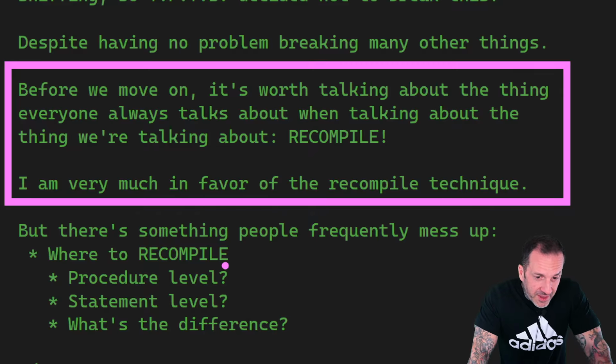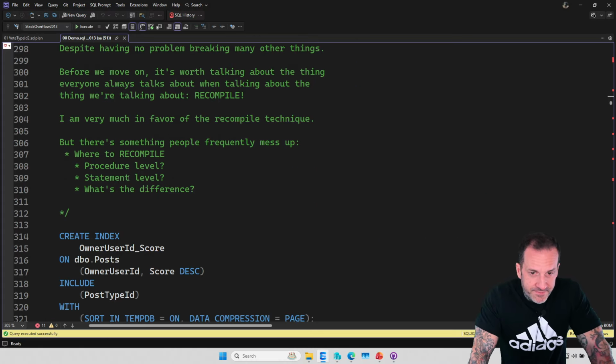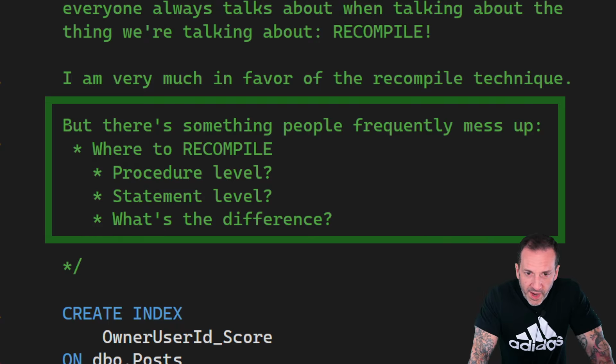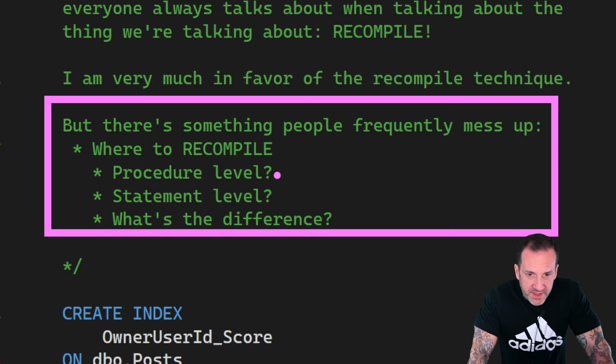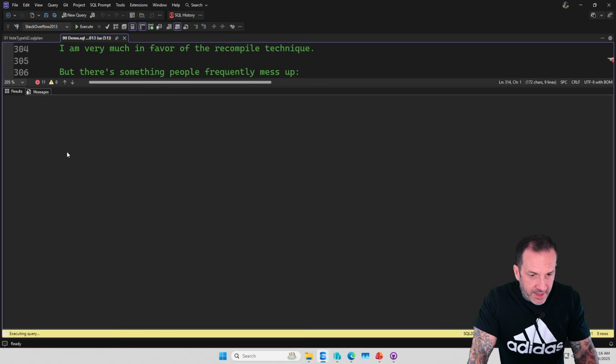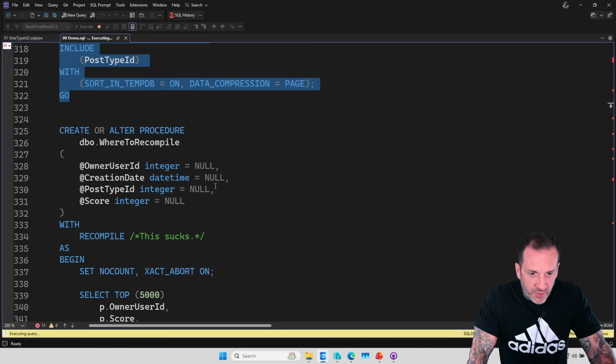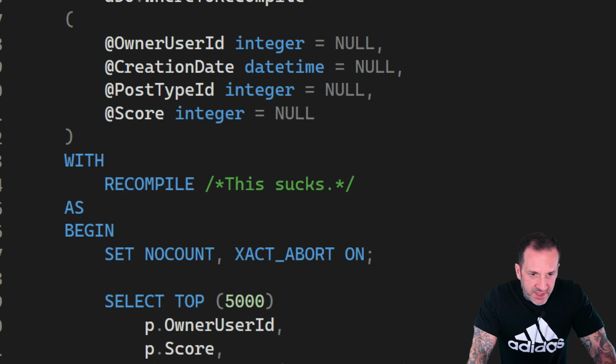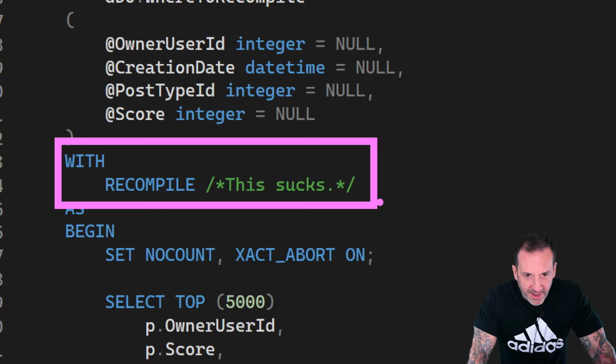But there's one thing that people continuously screw up, and that thing is where to recompile. Because there is a difference between recompiling at the procedure level and recompiling at the statement level. So let's create this index, and then let's look at this stored procedure here. This stored procedure does have the procedure level recompile up at the top.